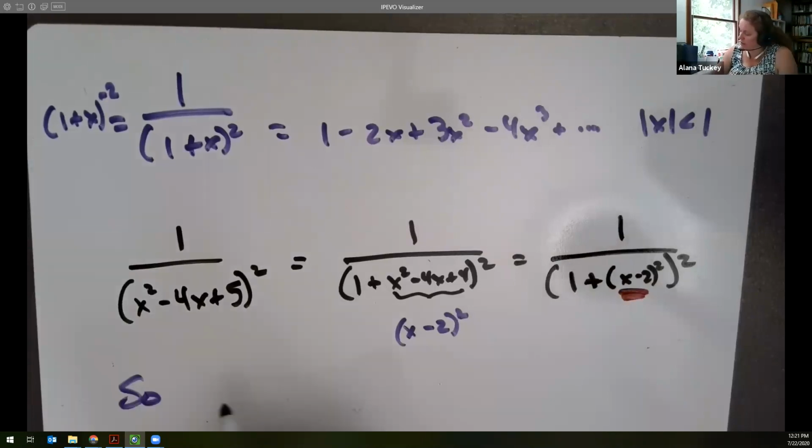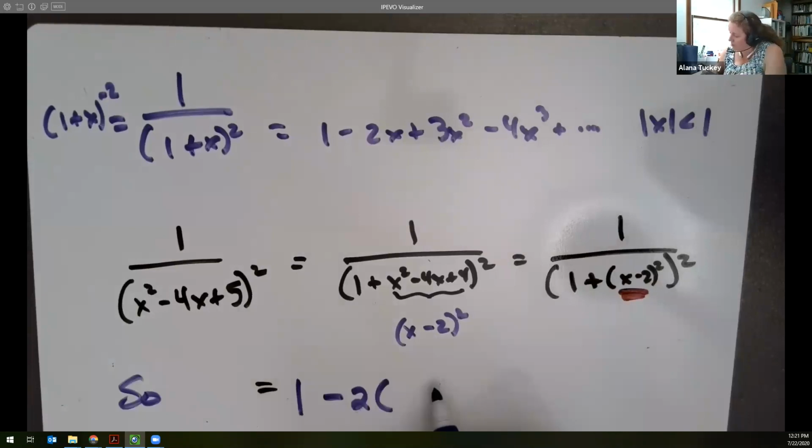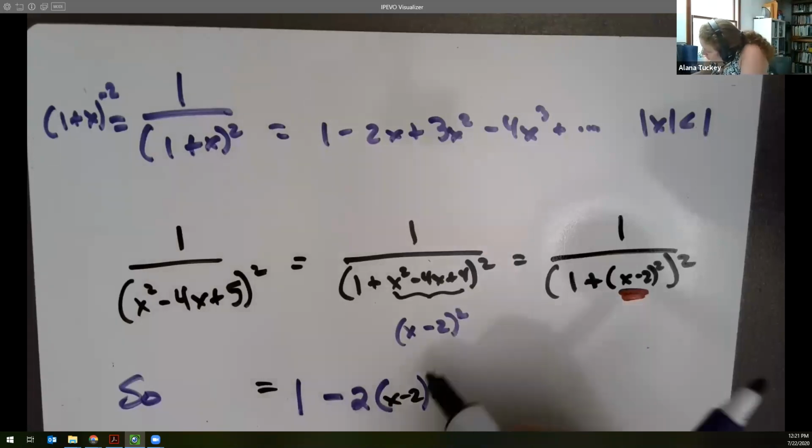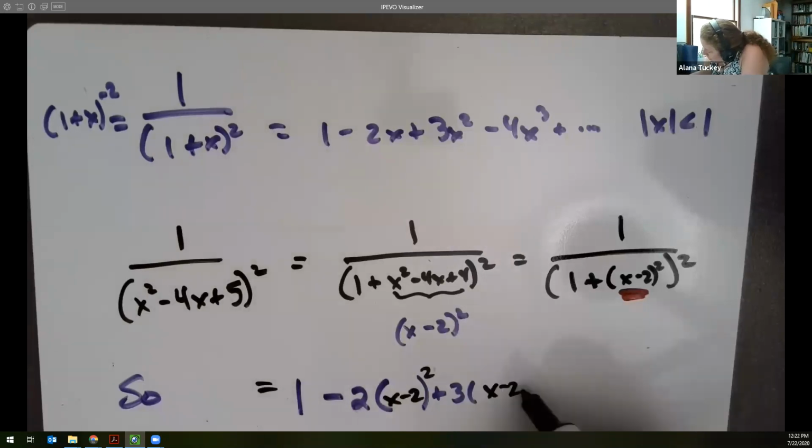So my series would be equal to 1 minus 2 times (x minus 2) squared, my bad, plus 3 times ((x minus 2) squared) squared.